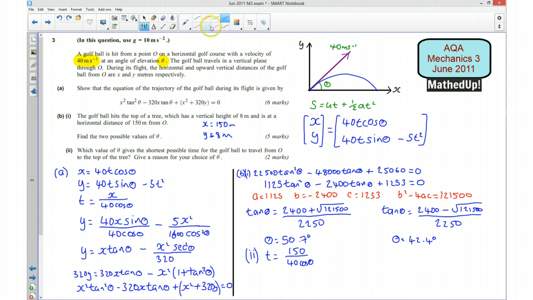So when theta is equal to 50.7 degrees, then time is going to be equal to 150 over 40 cos 50.7, and that gives us 5.92 seconds.